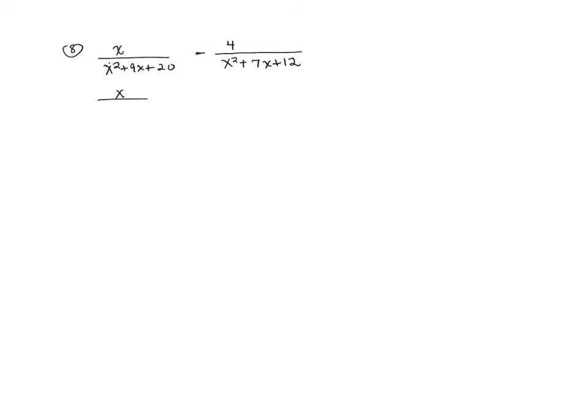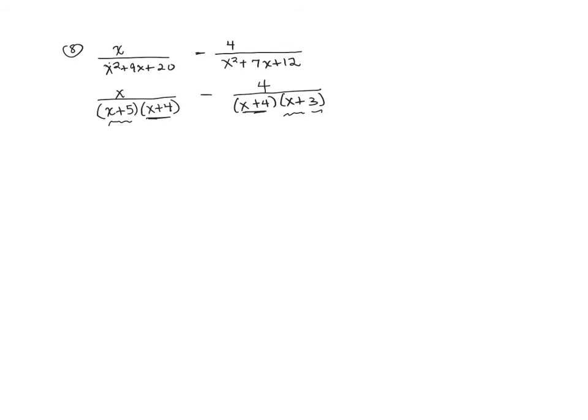If we start factoring this denominator, two factors of 20 that add up to 9 would be 5 and 4. And here, two factors of 12 that add up to 7 would be 4 and 3, so we could factor that quickly. And notice that both of these share an x plus 4. This has an x plus 5, and this has an x plus 3.